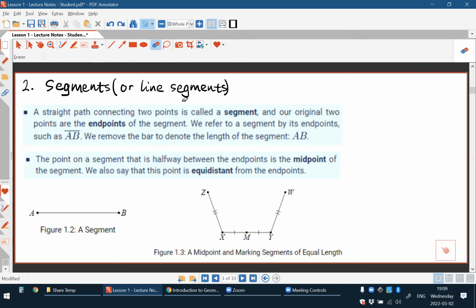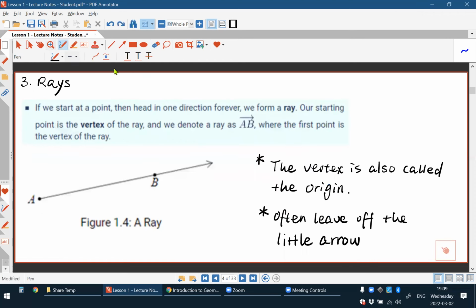Next, let's have a look at rays. Okay, first, the definition. If we start at a point, then head in one direction forever, we form a ray, right? For example, as shown in figure 1.4, this is apparently a ray. We start from point A and then head in one direction forever.